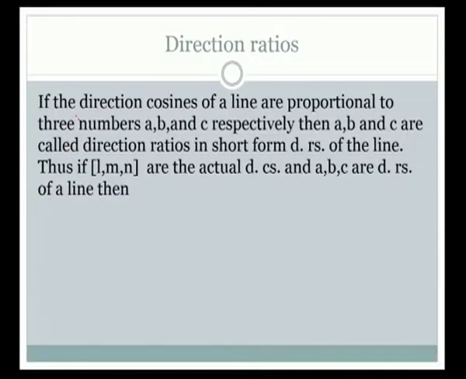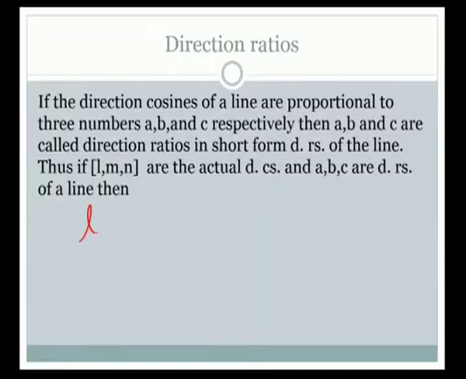So three numbers a, b and c are called direction ratios. In short form, these direction ratios are denoted as d.r.s. So if the direction cosines of a line are proportional to three numbers a, b and c respectively, then those three numbers a, b and c are called direction ratios of the line.